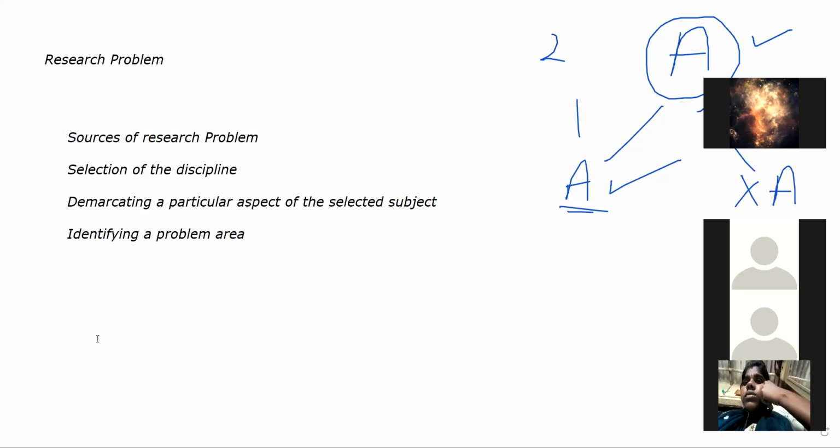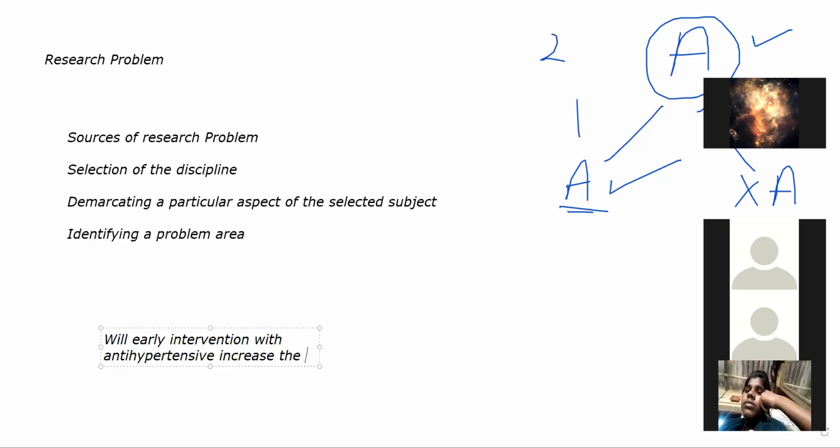Now, once you are identifying a problem, let's suppose in cardiothoracic you are coming up with a question that you want to study LVH, this comes up in the researcher's mind: will early intervention with antihypertensives increase or decrease the likelihood of a patient developing LVH?